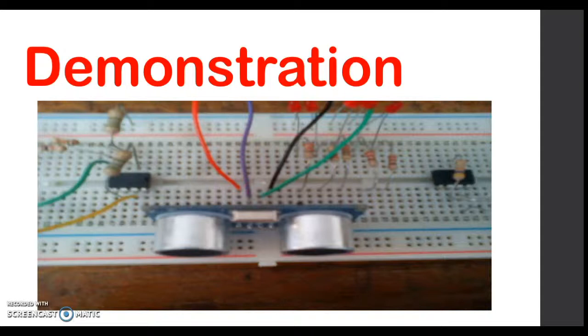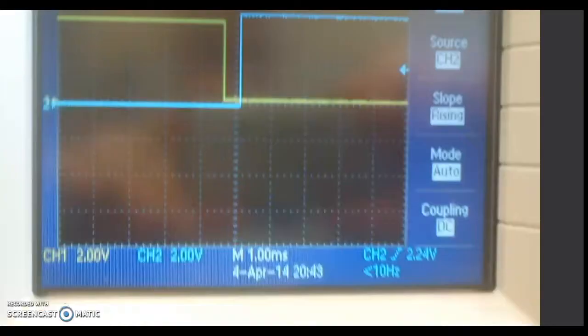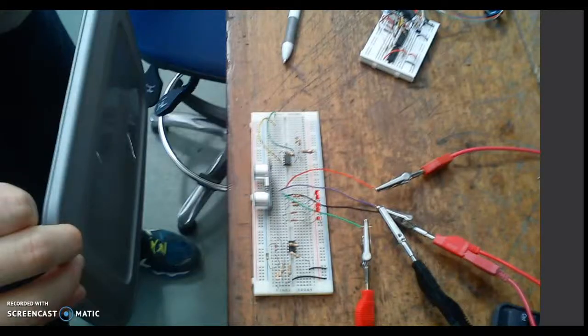Now, we use an oscilloscope in order to view the waveforms for both the trigger and the echo. Here, the trigger is the yellow one and the echo is the blue one. We position an object at a certain distance from the sensor, and then we review again the waveform in the oscilloscope.